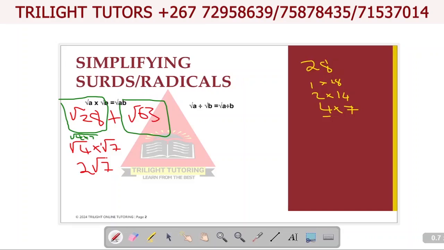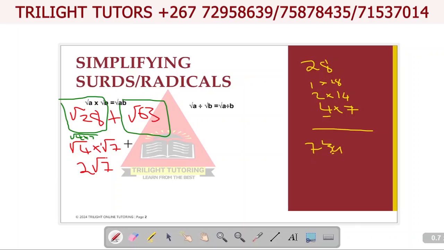What are we going to do with the second part? We have 63. So we're going to look at the factors of 63, but I will be quick on this one because I know that 7 times 9 is 63. I'm going to use 7 and 9.